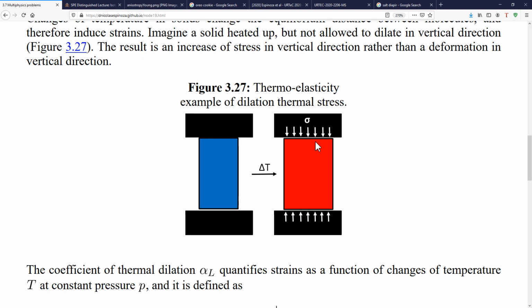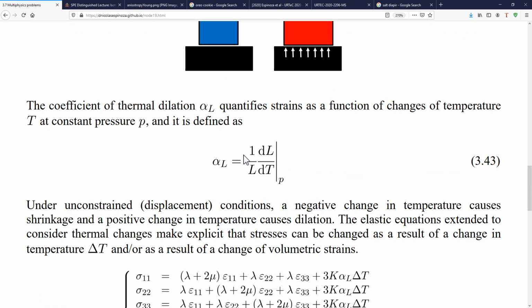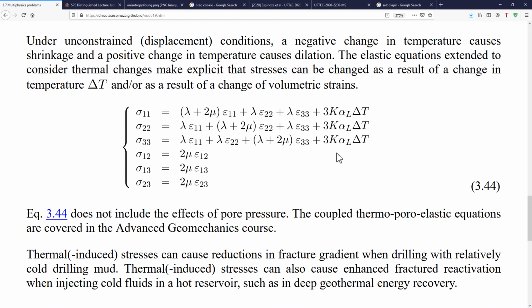And that thermal stress is going to be a function of the change of temperature and of the thermal dilation coefficient, and we can put that into our equations of elasticity and our constitutive equations by adding this term that takes into account the additional stress and the additional strain which is caused by a change in temperature.